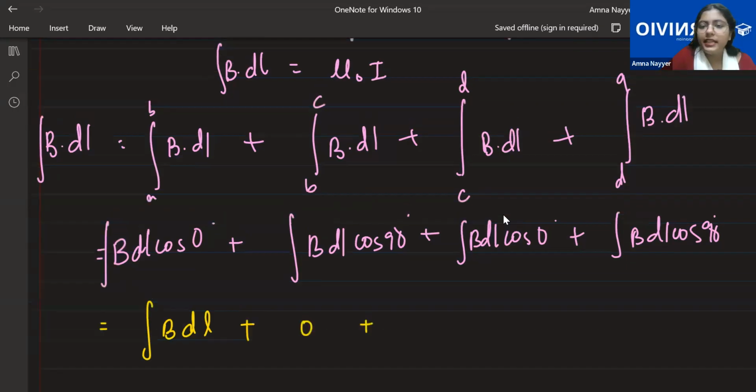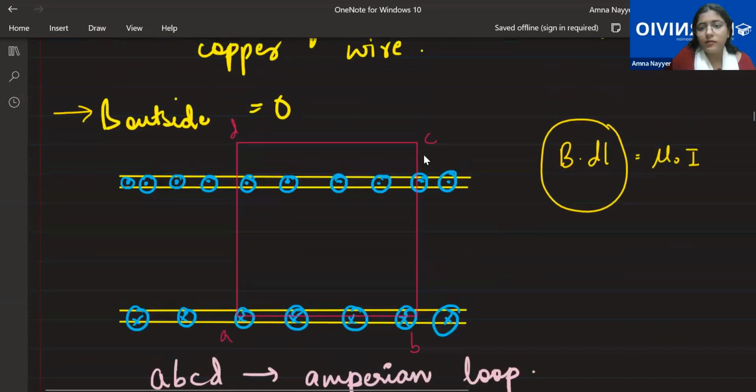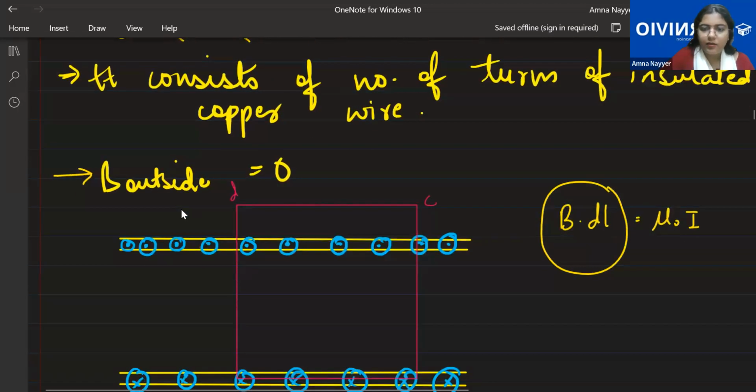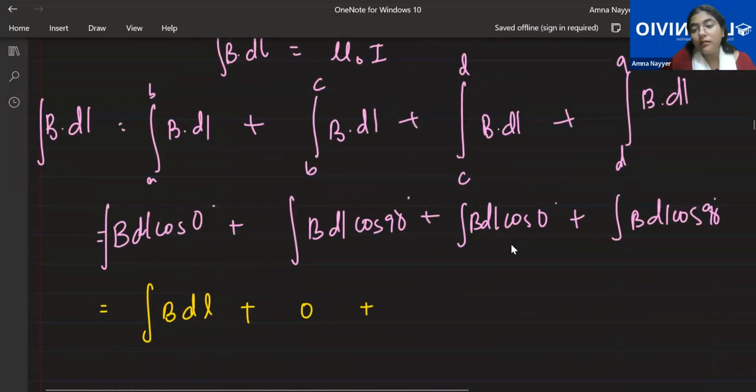Now look, this CD region is lying outside. The magnetic field will be zero there. Outside the solenoid, there is no magnetic field. So that's why this will still be zero despite not having the 90-degree angle. And then the third is again zero.